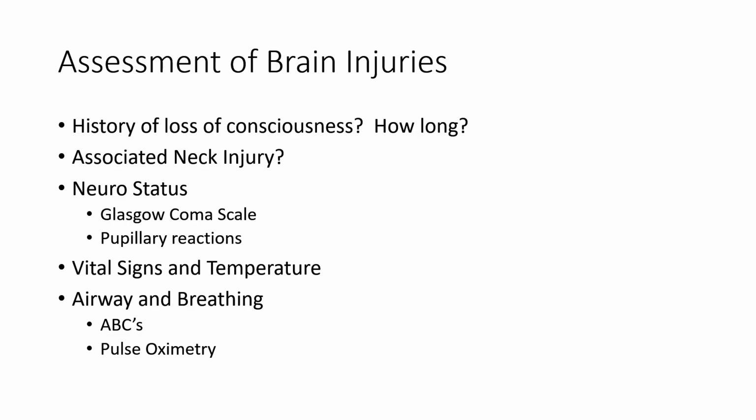We're going to use the Glasgow Coma Scale to assess their neurostatus and a shortened cranial nerve assessment when we assess their pupillary reactions. Of course, we need vital signs and temperature, and then we need to assess their airway, breathing, and circulation and use pulse oximetry.